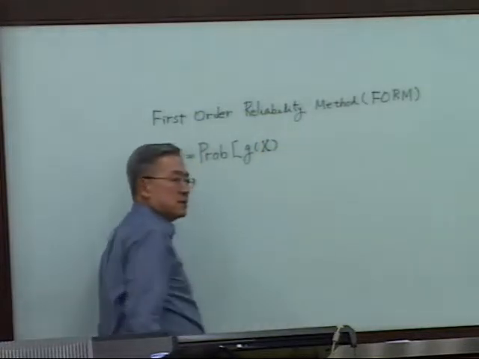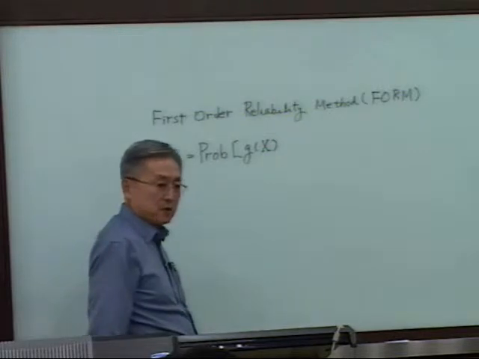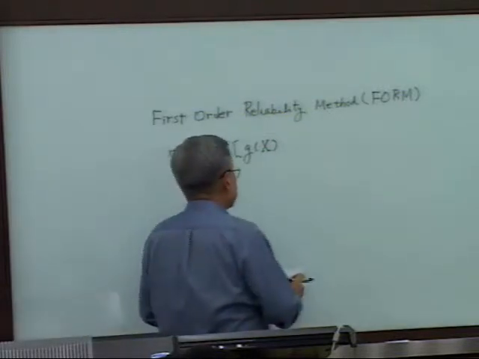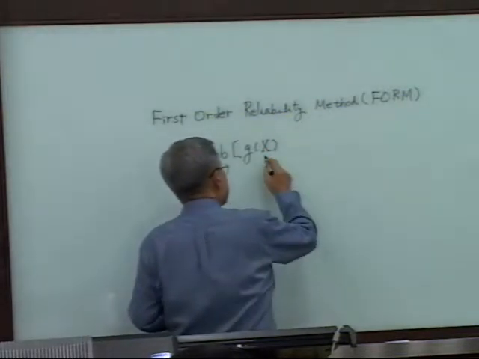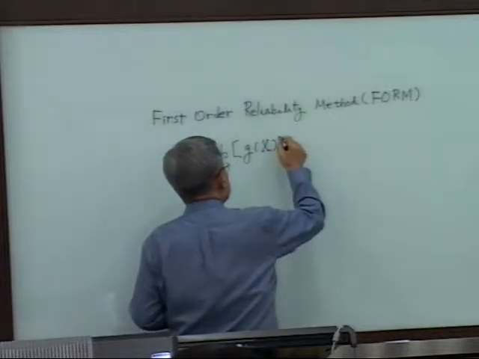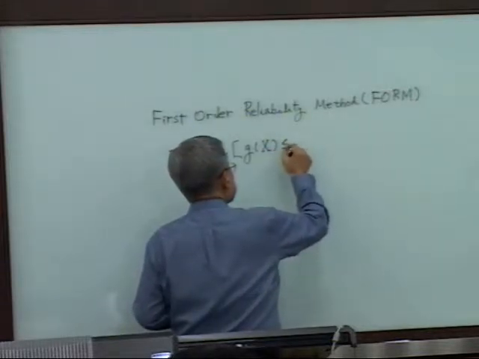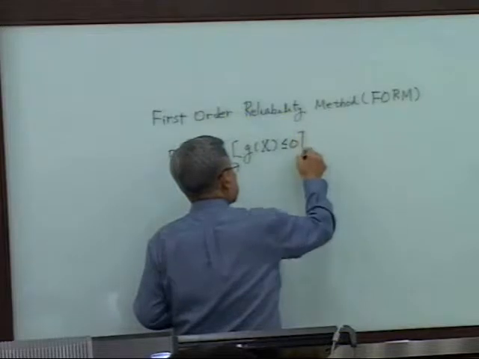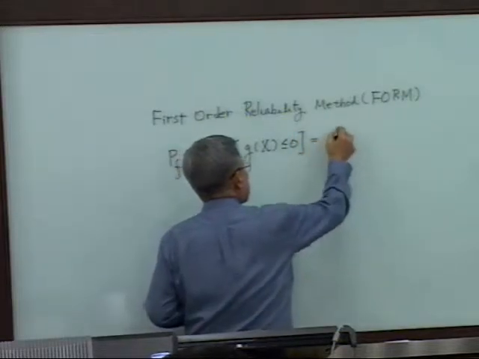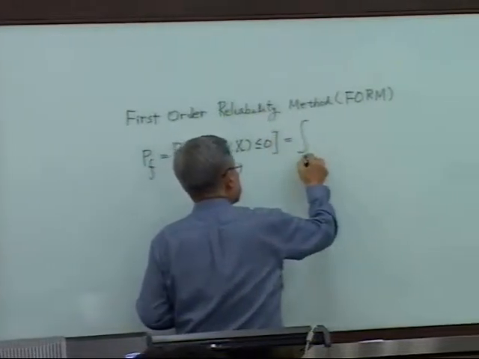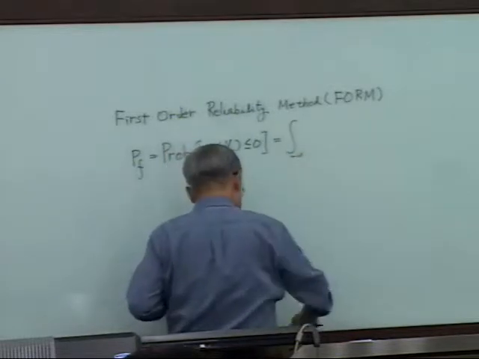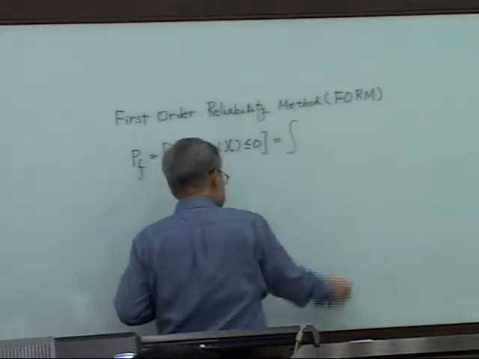This is the multi-dimensional random variable, less than or equal to 0, or this is an integration over the region.